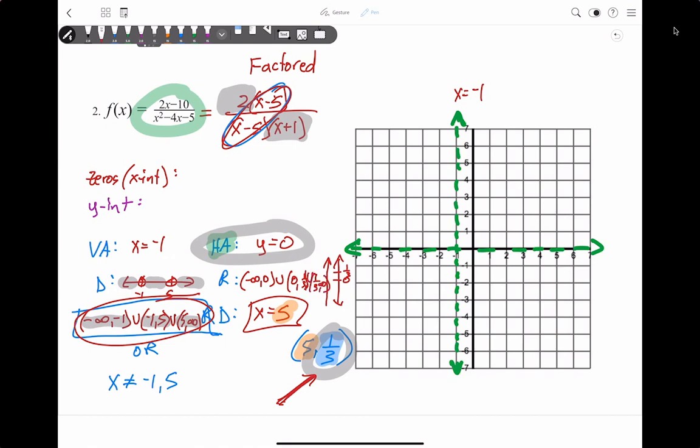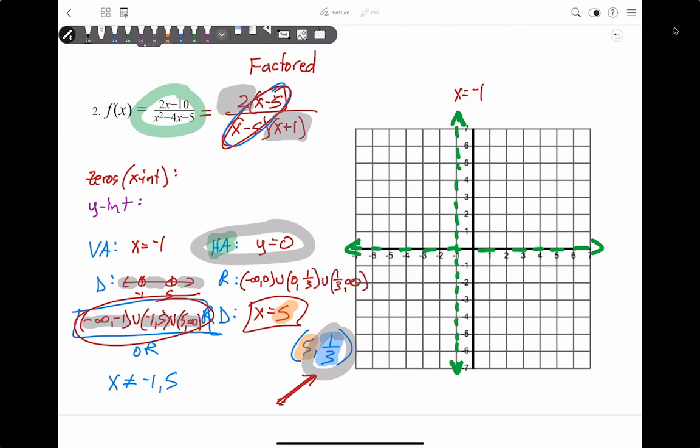Let me fix that, I made it a little bit ugly. That's where the range is going to exist.